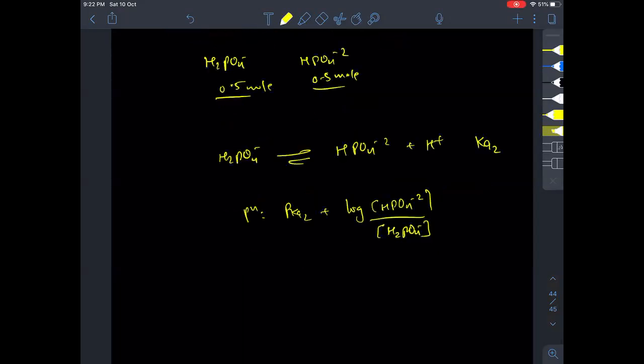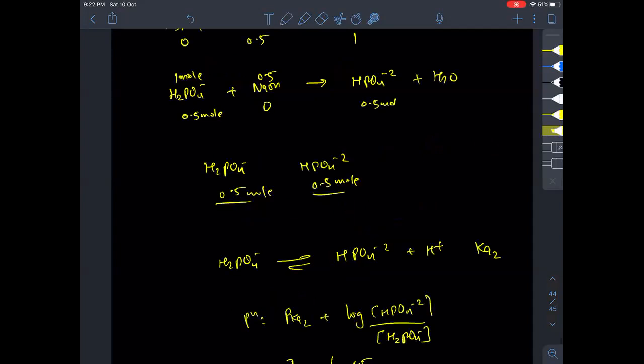That's how you are supposed to solve. Now, what is the value of this pK that you already know? How much? 7, because it was 10 to the power minus 7. Now log of these two values, 0.5 and 0.5, will be cancelled out. Log 1 will be 0. So it will be simply 7. So I hope you are understanding the whole point.